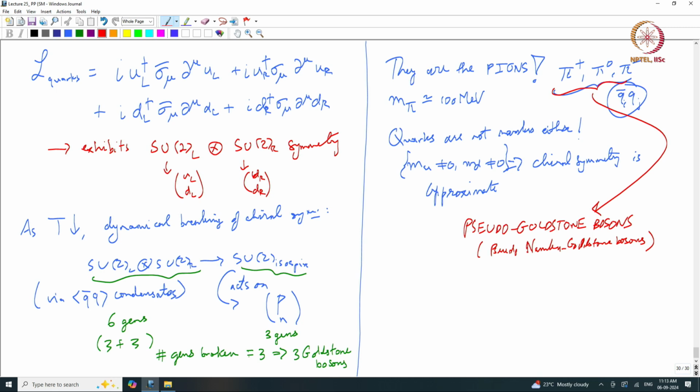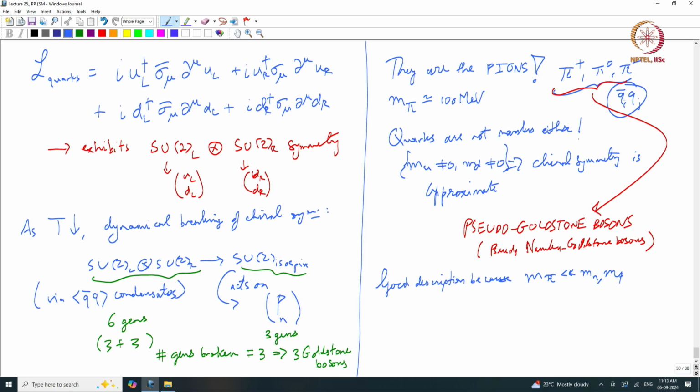Okay. And this is a good description, because m_pi is much smaller than m_N, basically the QCD scale. Okay.